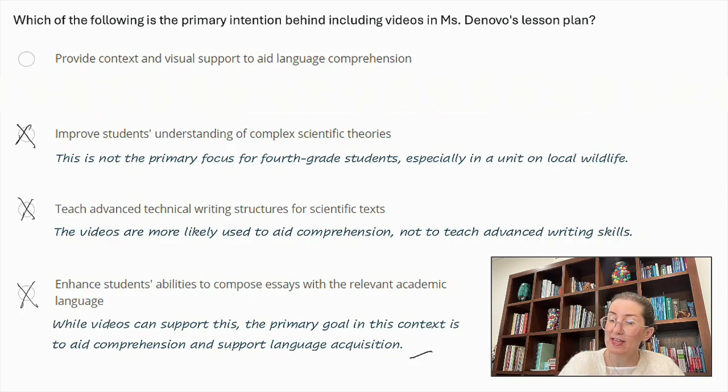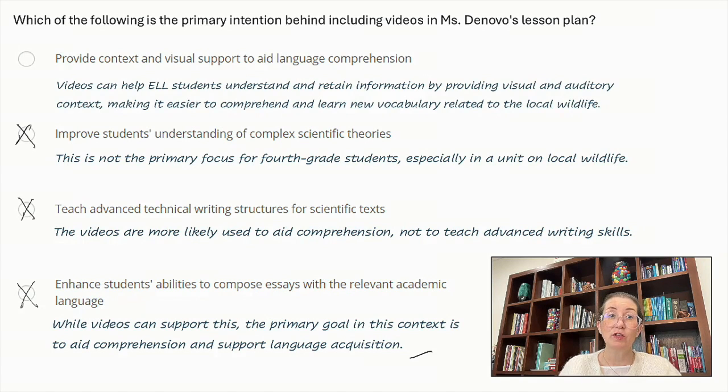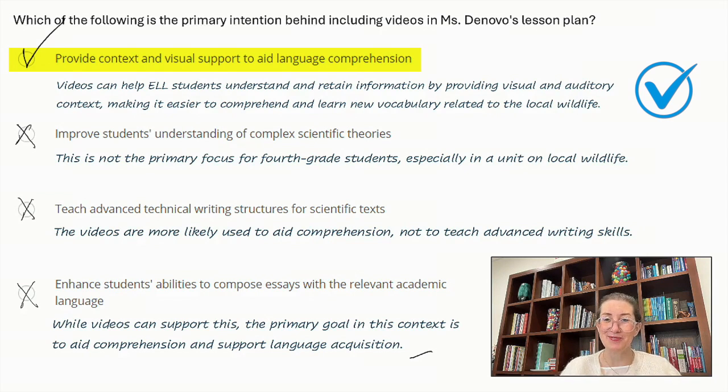So we can cross that out as well. Provide context and visual support to aid language comprehension. Videos can help ELL students understand and retain information by providing visual and auditory context, making it easier to comprehend and learn new vocabulary related to the local wildlife. Thus, this is the correct answer.